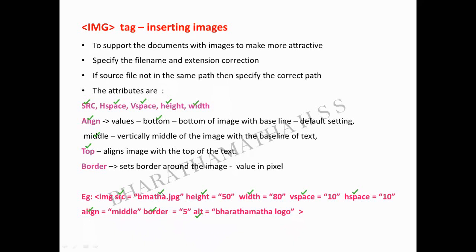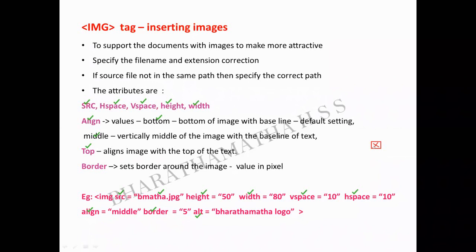Then what to do? Normally what happens is a square box appears, and inside it a cross mark. If that image is not there in your system, it will be presented like this on your screen.